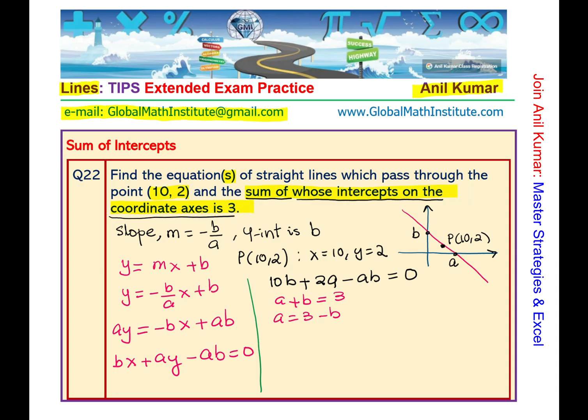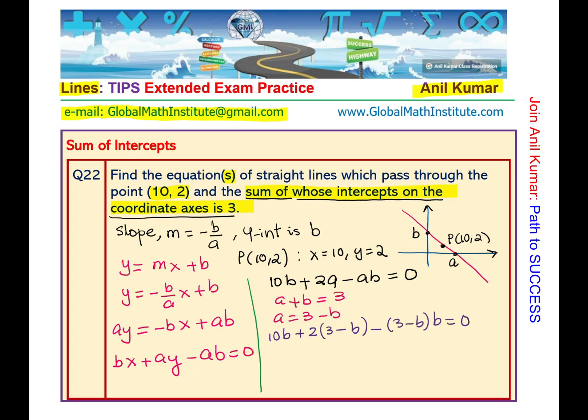In our equation, a is 3 minus b, so we get 10b plus 2 times (3 minus b) minus (3 minus b) times b equals 0. So that is 10b plus 6 minus 2b minus 3b, and minus times minus becomes plus b squared, equals 0.